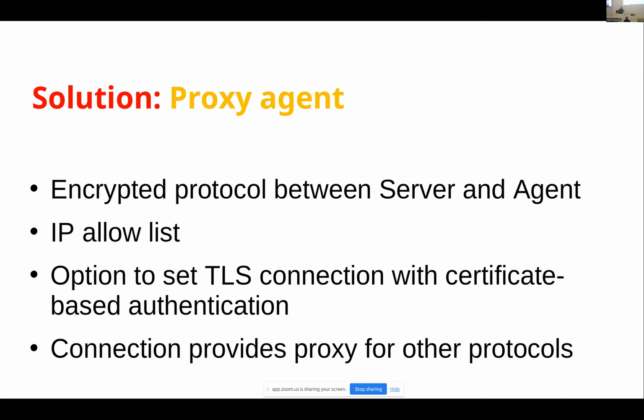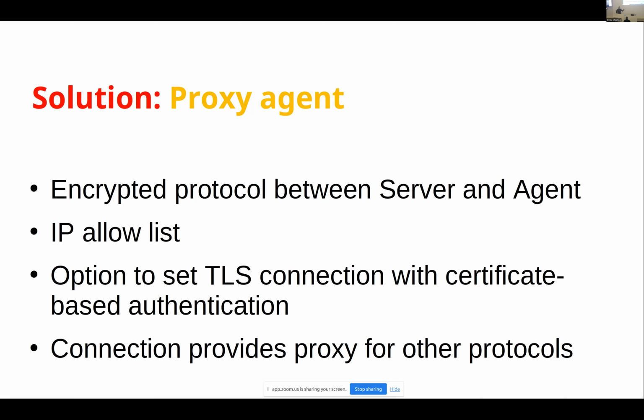And the agent itself is much more secure. As I mentioned, the connection between agent and server is always encrypted. You have to explicitly allow IP addresses from where a connection to the agent is possible.